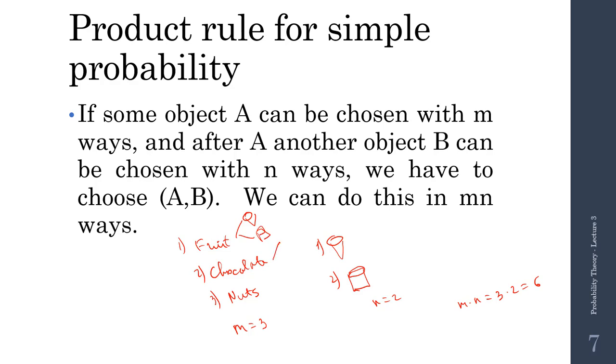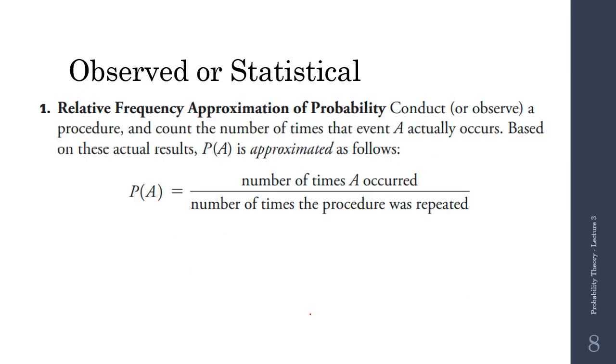Or chocolate, in this case also you choose this cone or this cone. Or with nuts the same, this cone or this one. So you have 6 ways to choose ice cream. This is according to the product rule for simple probability.